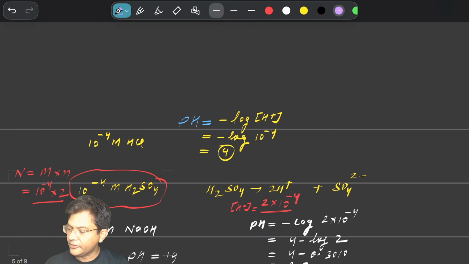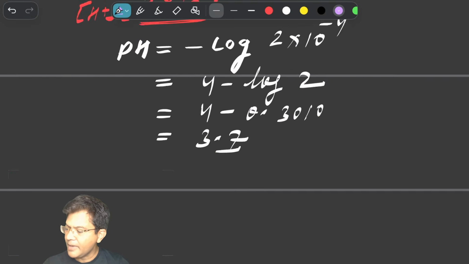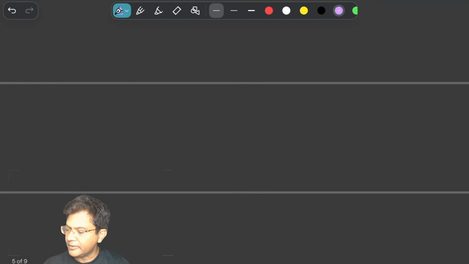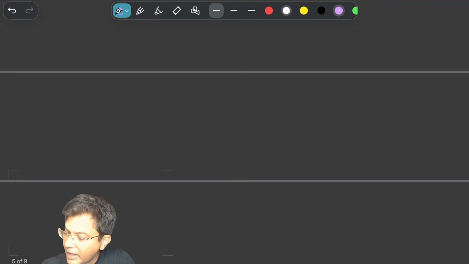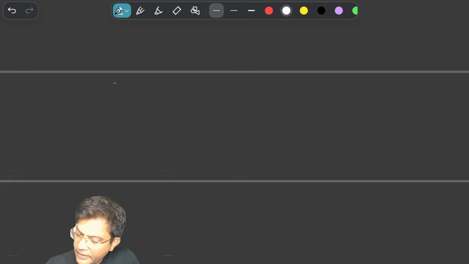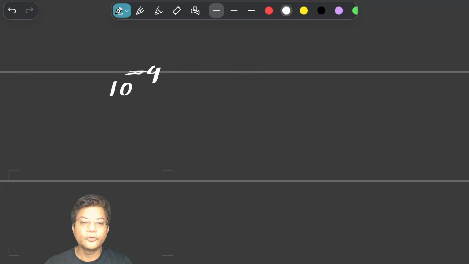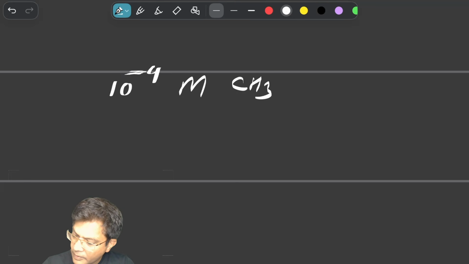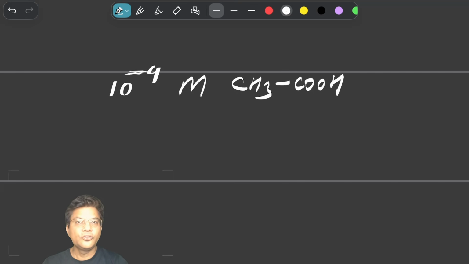So suppose I have one acid whose name is acetic acid, 10 raised to power minus 4 molar acetic acid. Now, can you solve this question? No, sir. Why? We should know the dissociation constant value.